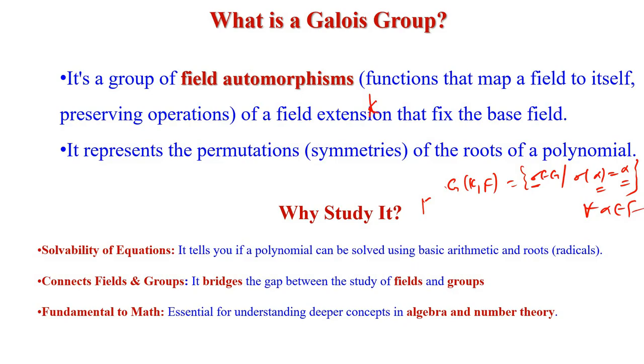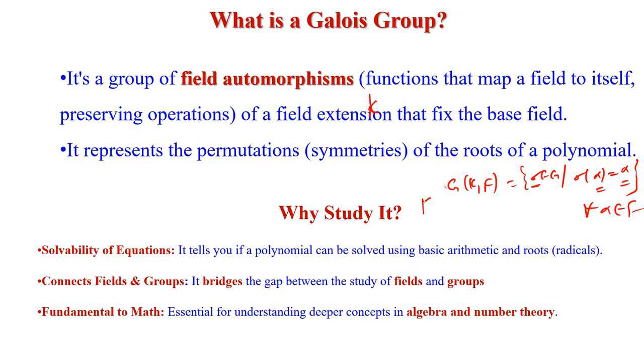Now, what is the need to study this Galois group? Without solving, you need not even touch the equation at once. Once you have the polynomial, there is no need to check whether it has roots or not.